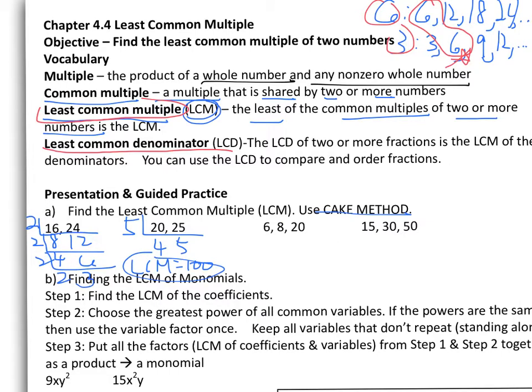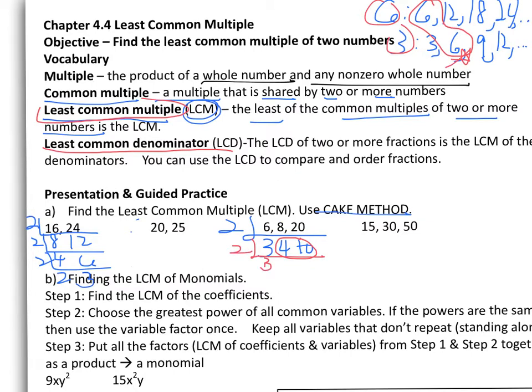And moving forward, 6, 8, and 20. 2, 3, 4, 10, because 4 and 10 still share a common factor. 2, copy 3, 2, and then 5.